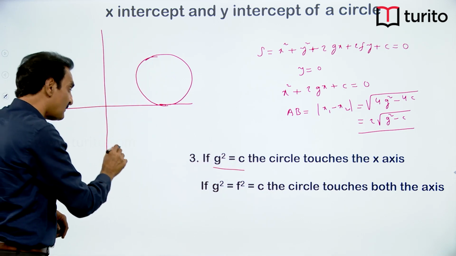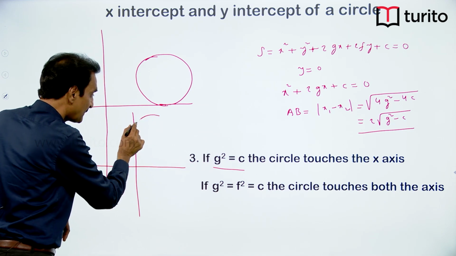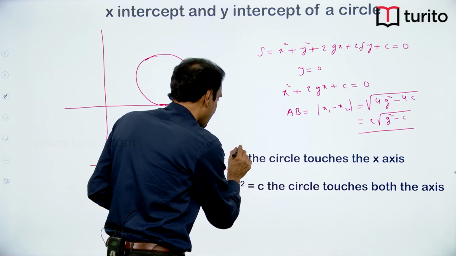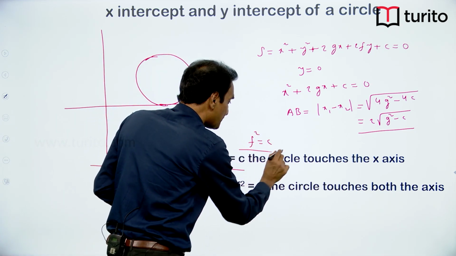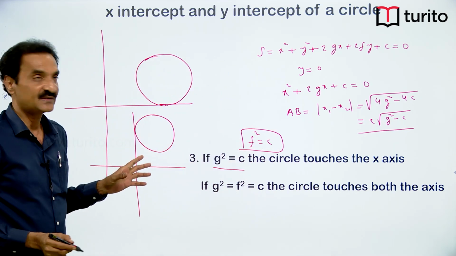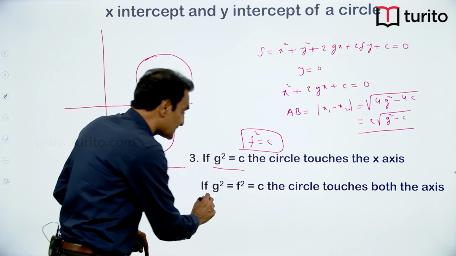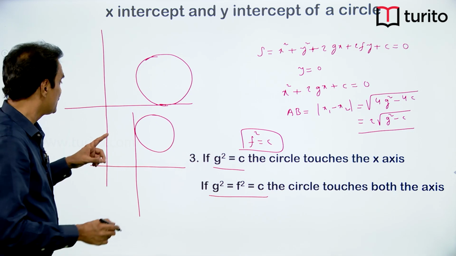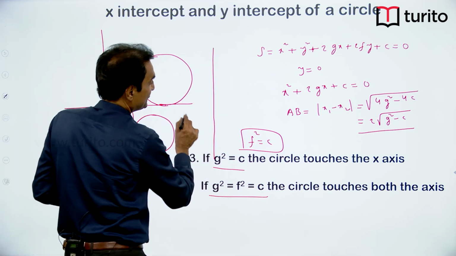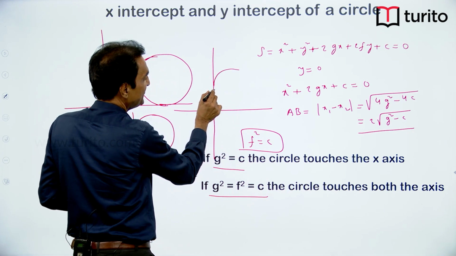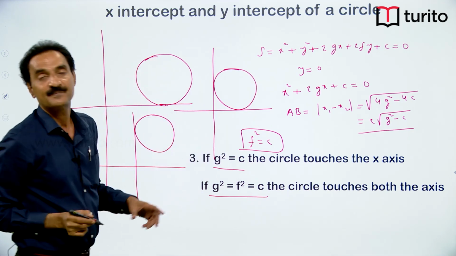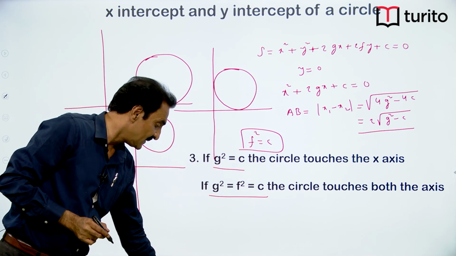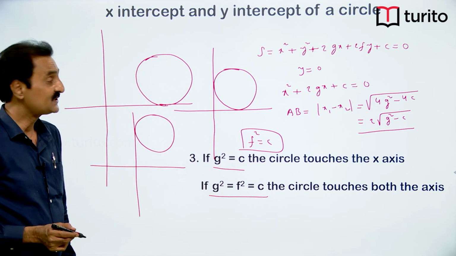Similarly, when the circle touches the y axis like this, then f square will be equal to c. If g square is equal to f square is equal to c, then the circle touches both the axes, like this. These are the conditions for a circle to touch the x axis or y axis.